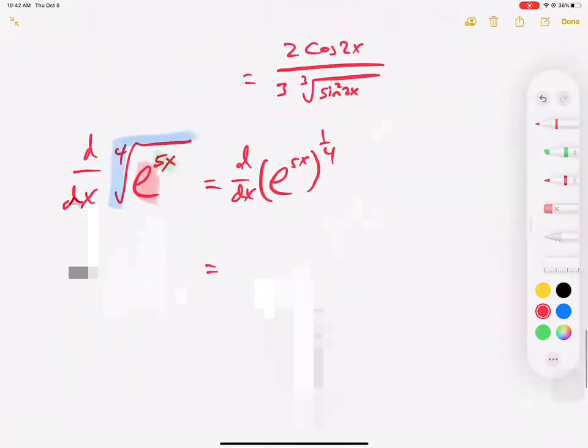Okay, that becomes outer shell first, the derivative of the 1/4. 1/4 first. That gives me 1/4 e to the 5x. And since I'm minusing 4/4, right, that becomes negative 3/4.